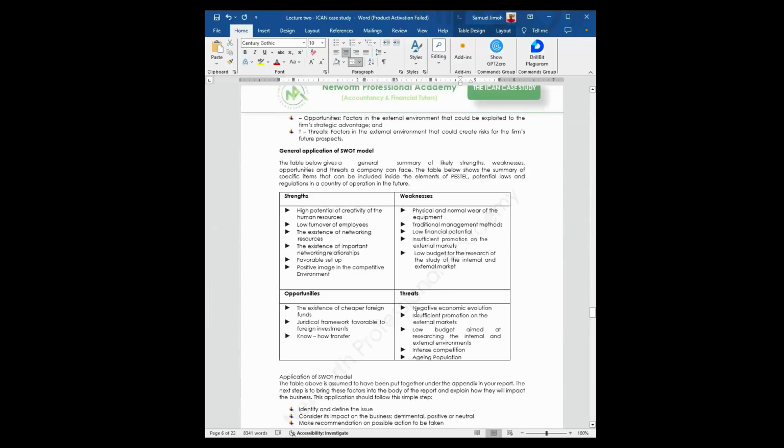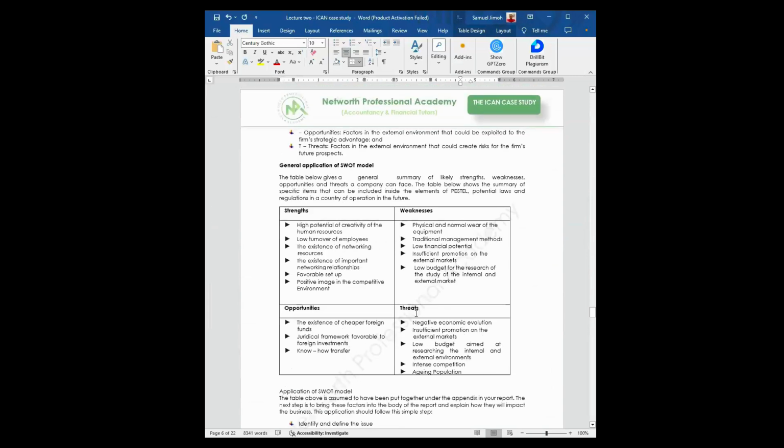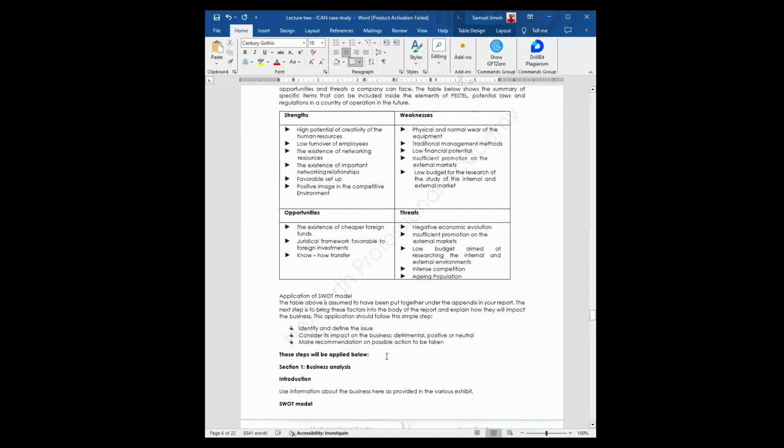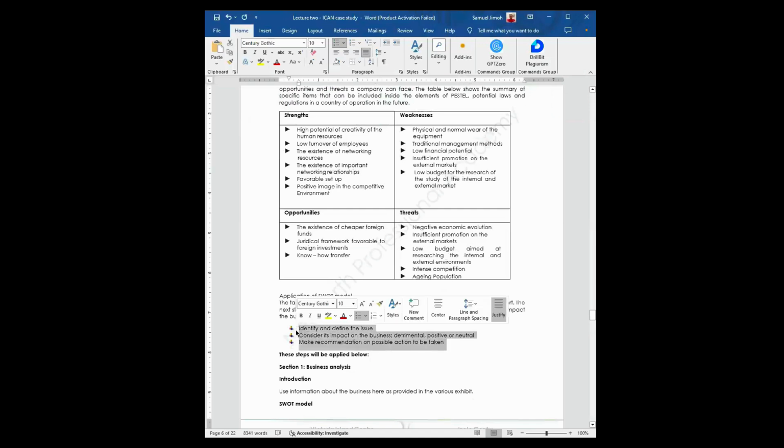So before you can use a model, let's assume this is a SWOT model. Before you can use a SWOT model in the case, here's what you have to do. You have to be able to carry out this process. Identify and define the issue.